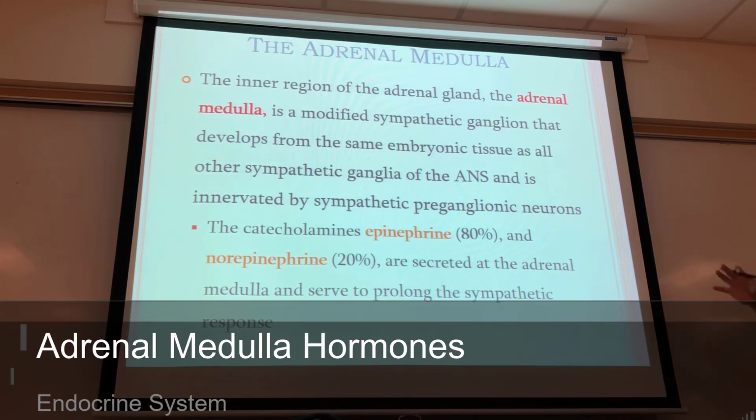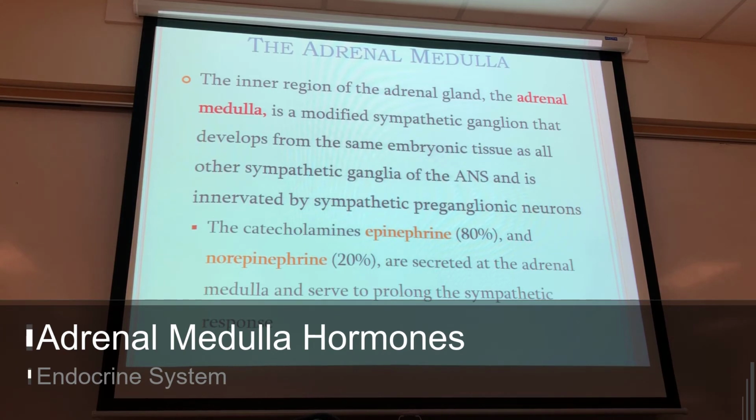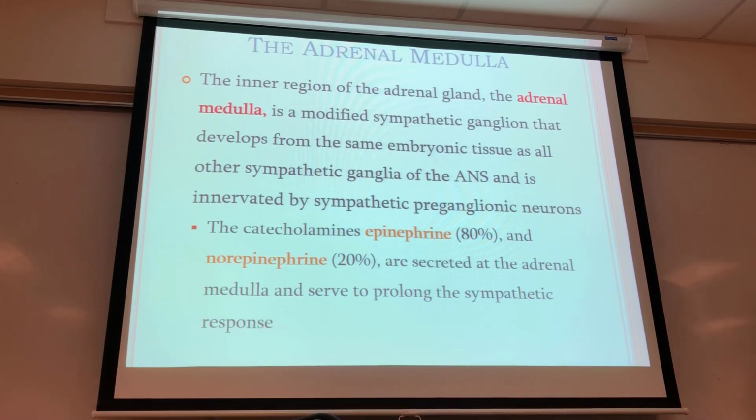Let's go back directly into the inner layer, the small 10 to 15% remaining of the adrenals called the adrenal medulla. Again, this is the modified sympathetic ganglion we are supposed to see emerge with our postganglionic cells. This sympathetic ganglion that's turned into endocrine tissue is going to produce our catecholamines.